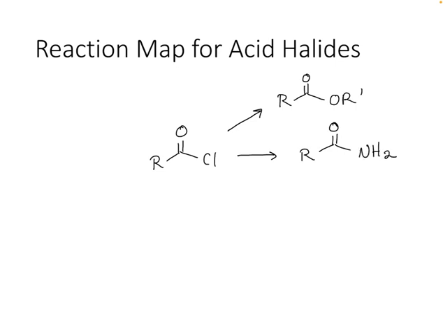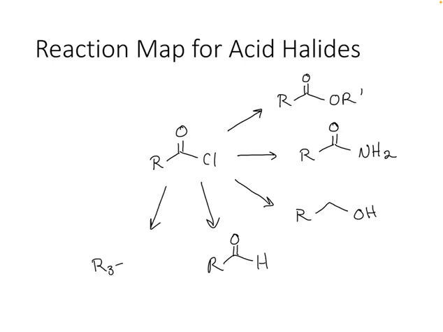The one I'm drawing now is a primary amide. And then we have a primary alcohol. We've got an aldehyde. Let's see. This is a tertiary alcohol. We've got our ketone, and then finally we've got a carboxylic acid.